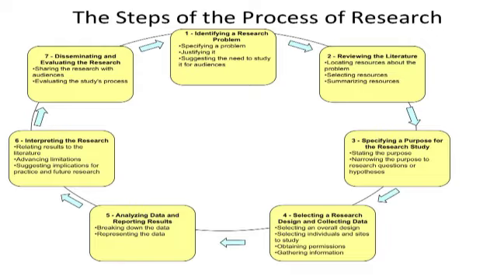It begins by identifying a research problem, and then reviewing the literature, and then specifying the purpose and the questions, then collecting the data, analyzing the data, making some interpretation of the data, and then evaluating and writing up the results for whatever audiences you're working with.